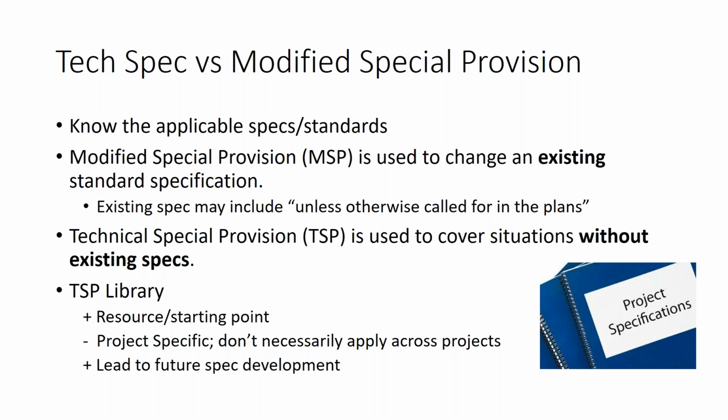So please remember to update the spec and review any references contained within it. And it is helpful, though, if we have a repeat need over multiple projects, that these text specs can lead to future spec development.